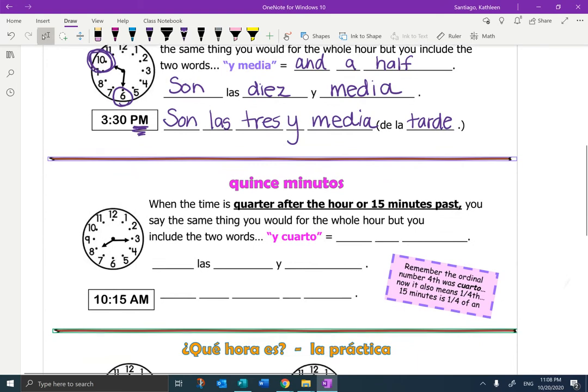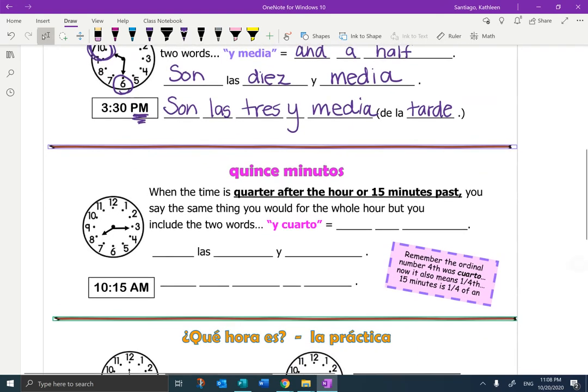Okay, good. Now let's go down to 15 minutos. Well, you know 15 means 15. So 15 minutes. When you ask the question ¿qué hora es? and the time on the clock is a quarter after the hour or 15 minutes past, you say the same thing you would for the whole hour, but then you're going to include two more little words. Instead of saying y media, you're going to say y cuarto.